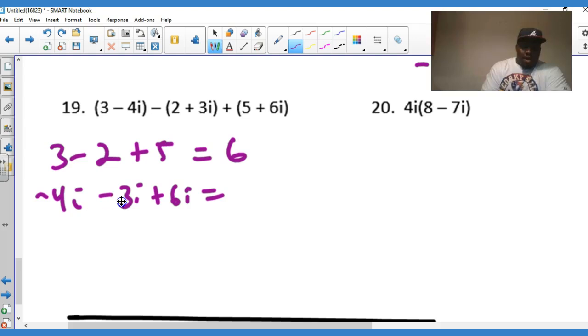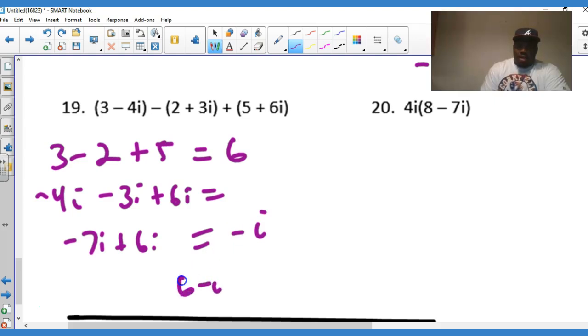So negative 4i minus 3i is negative 7i. And negative 7i plus 6i is negative 1i, or negative i. So we have 6 minus i.